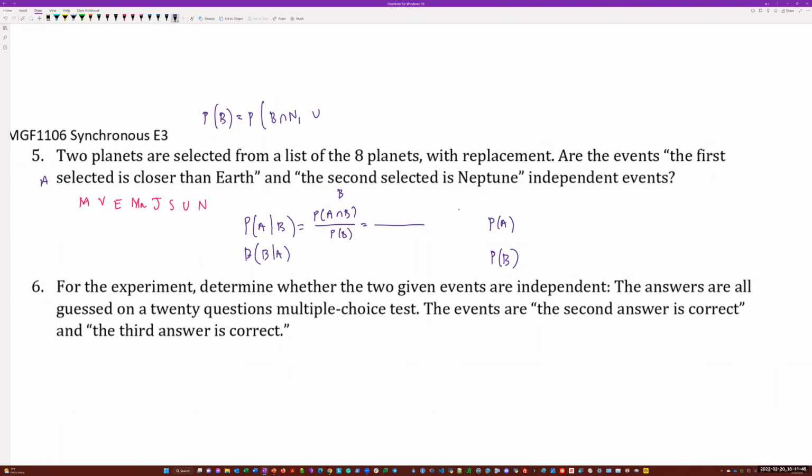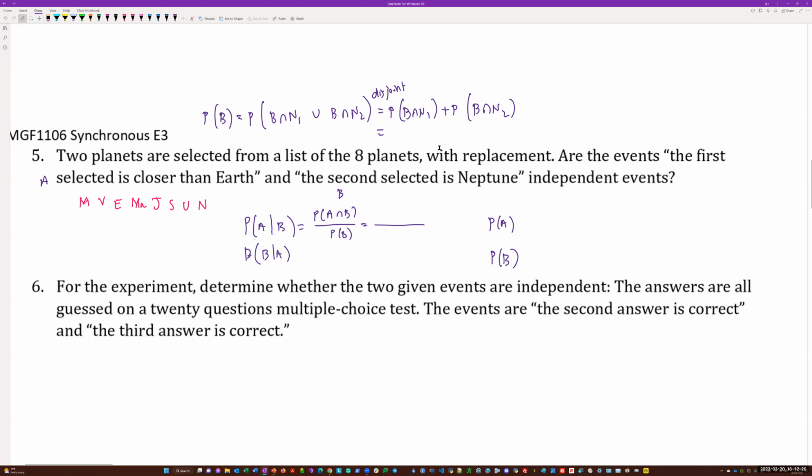Or the probability that the second one is Neptune and the first one is not Neptune. So this is the probability that B, and this plus the probability of this and this, because they're disjoint. Either you're going to get Neptune on the second one, given the fact the first one was Neptune, or you're going to get Neptune on the second one, given that the fact the first one wasn't Neptune. You're not going to be able to actually get Neptune on the first one or the second one if the first one was Neptune. Is that right?